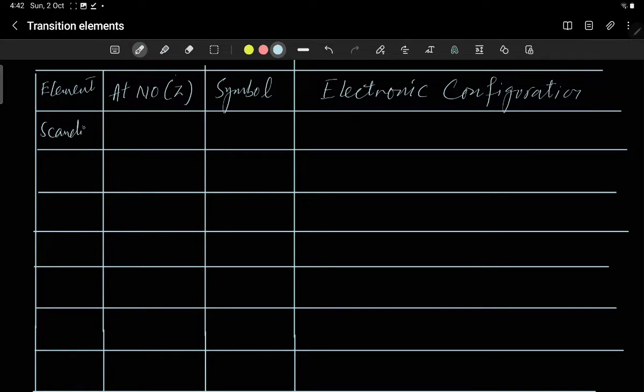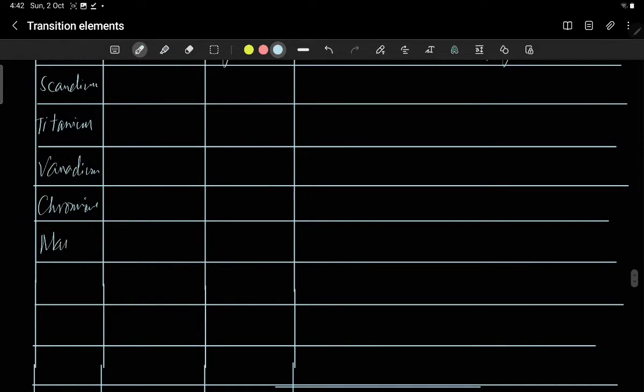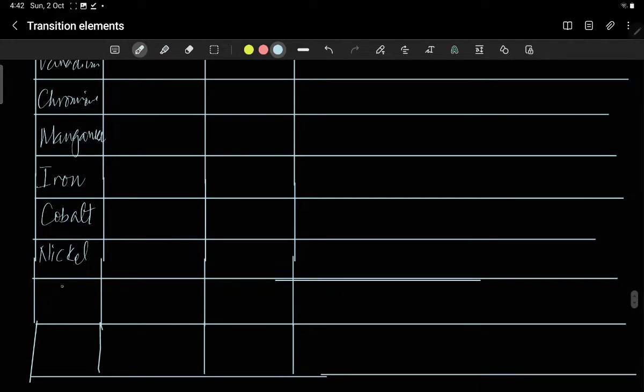Scandium, titanium, vanadium, chromium, manganese, iron, cobalt, nickel, copper and zinc.